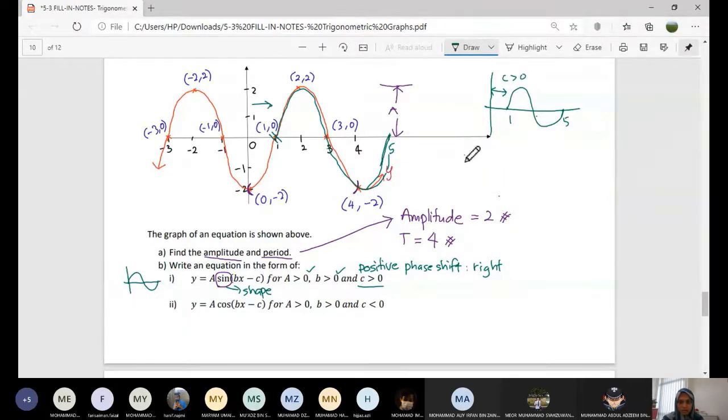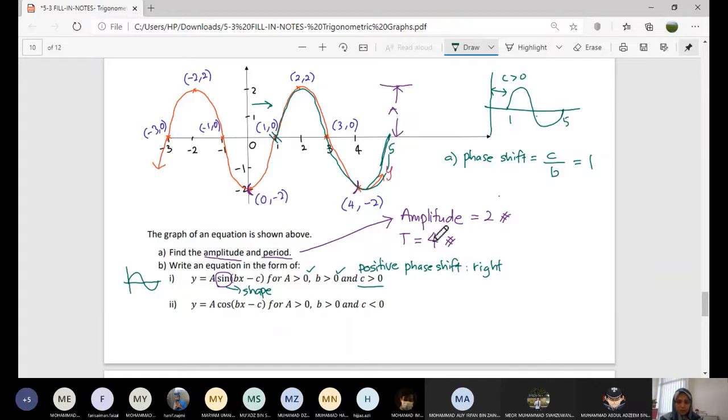So we have the equation will be y equals to, and before that we need to find what is your C. Phase shift is equals to 1. Phase shift, which is C over B, is equals to 1.